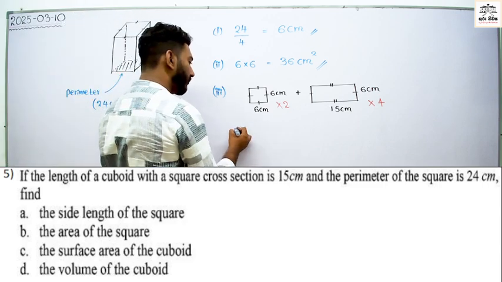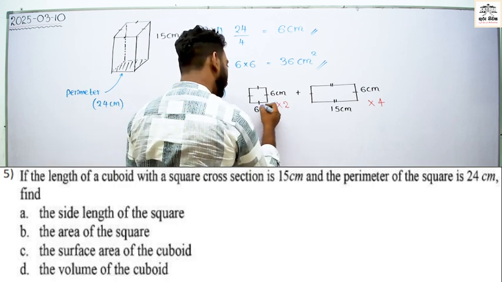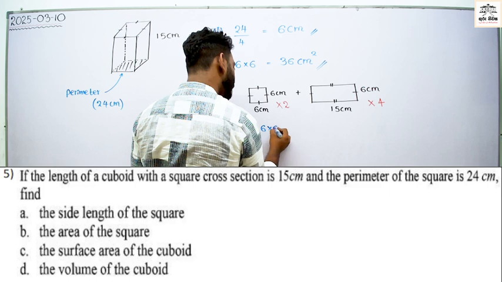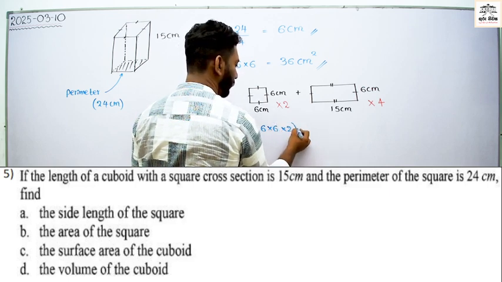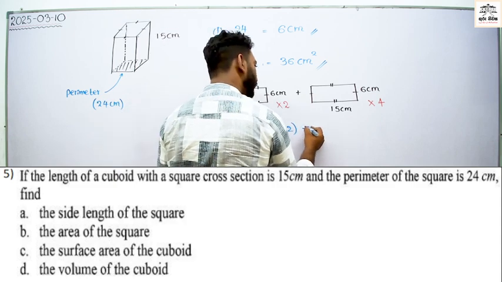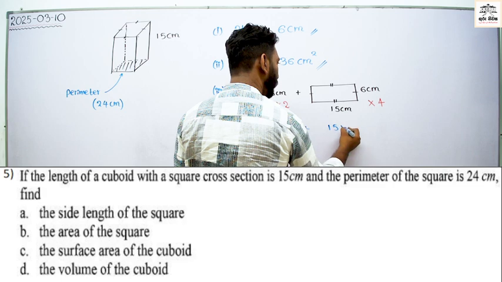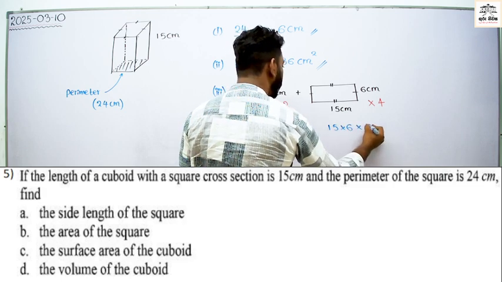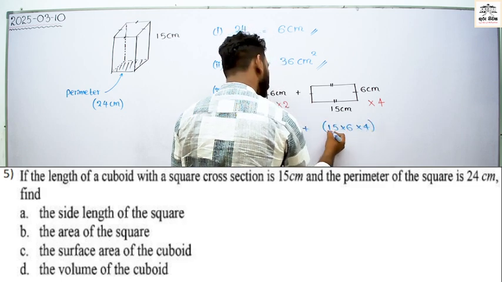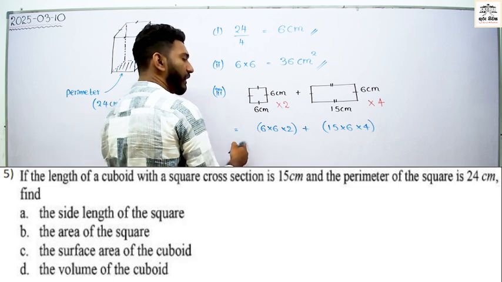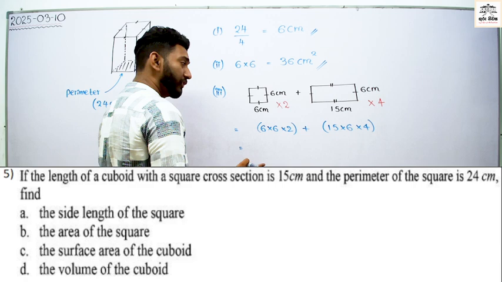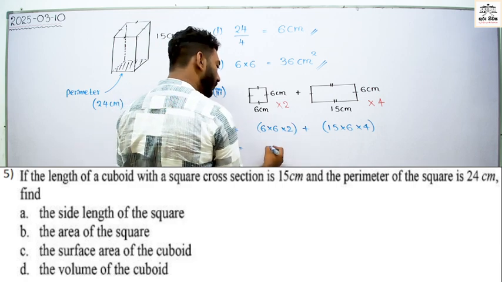Then the answer becomes 6 times 6, multiplied by 2, plus 15 into 6 into 4. Now listen. 6 times 6 is 36, 36 into 2 is 72.